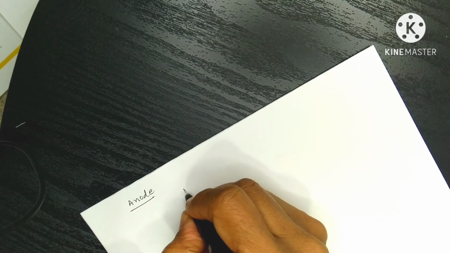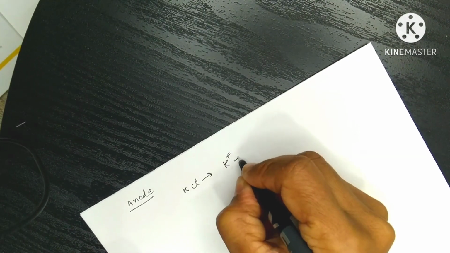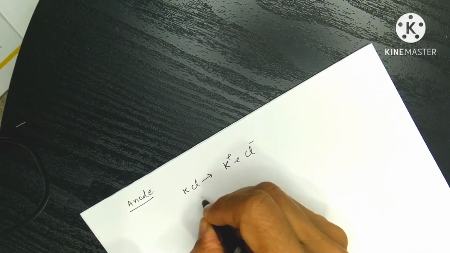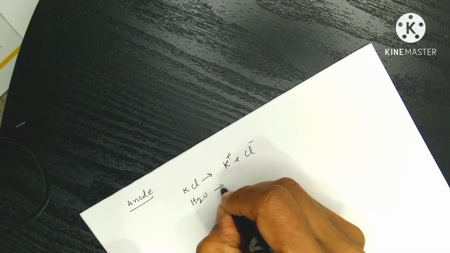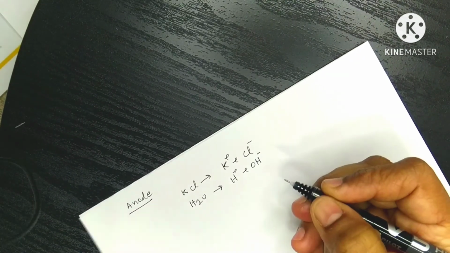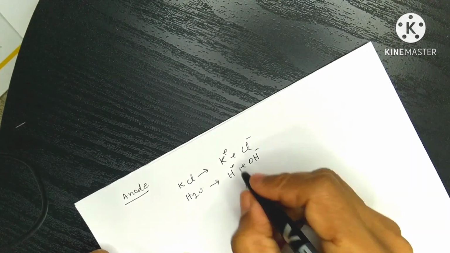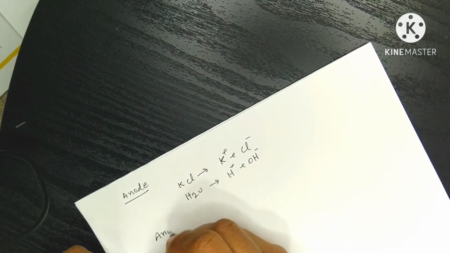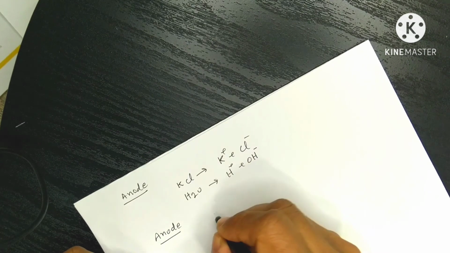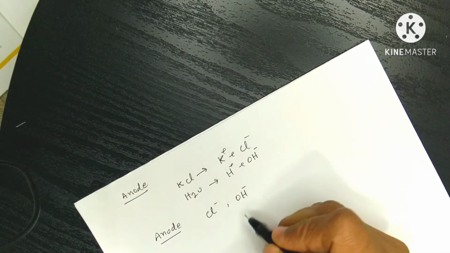For example, if I have a KCl solution, it will convert into potassium ion plus chloride ion, and at the same time water will produce the hydrogen ion and hydroxide ions. At the anode we have two type of the negative ions, chloride ions and hydroxide ions.